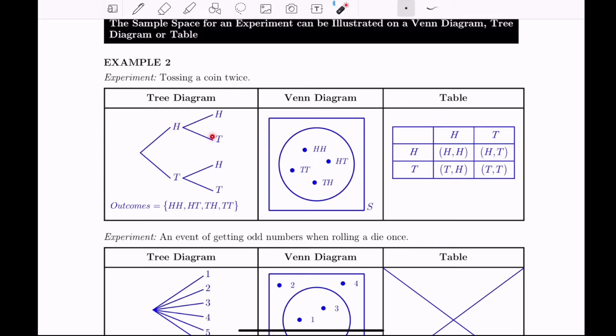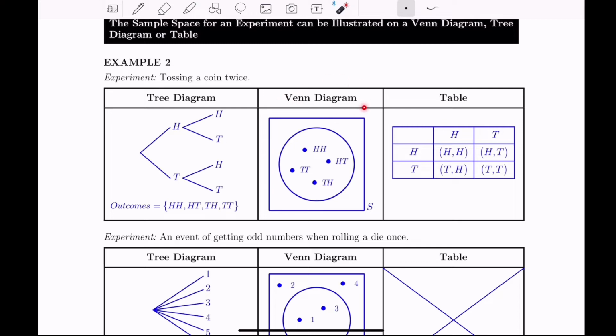For the second toss, if in the first toss we get a head, there will be 2 possible outcomes. It's either getting a head or getting a tail. The same happens when we get a tail in the first toss. At the second toss, we might get a head or we also might get a tail. So the possible outcomes are head-head, head-tail, tail-head, or tail-tail. So this is how we put our sample space.